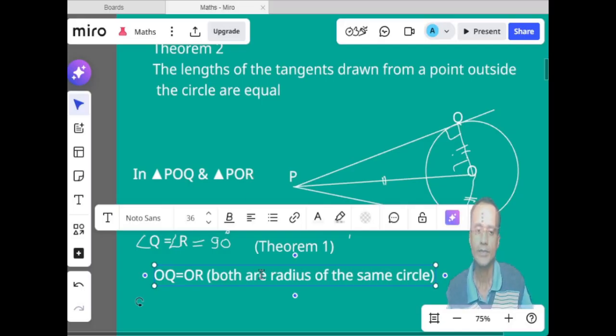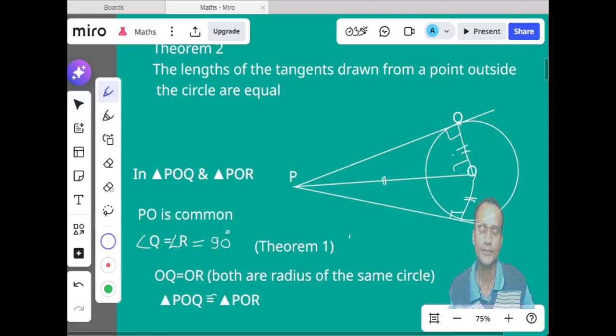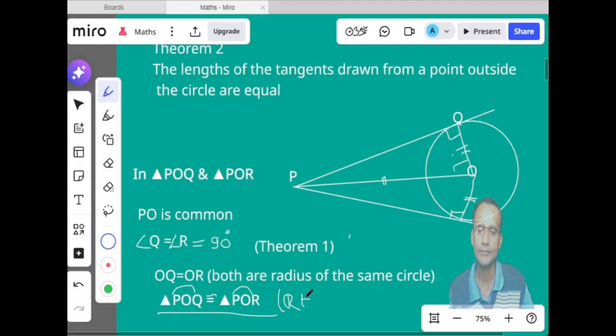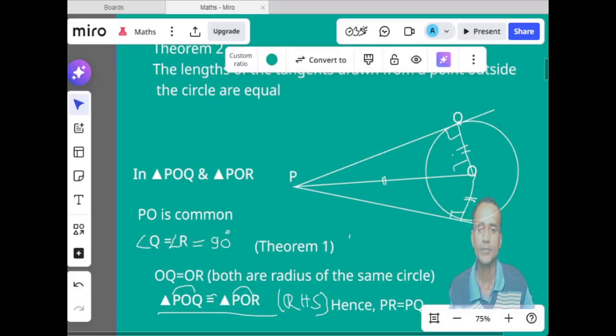So these two triangles become congruent. So triangle POQ is congruent to triangle POR by RHS. That means PQ is equal to PR. Right angle, this is the common hypotenuse, and these two sides are equal. So we get finally PR is equal to PQ.